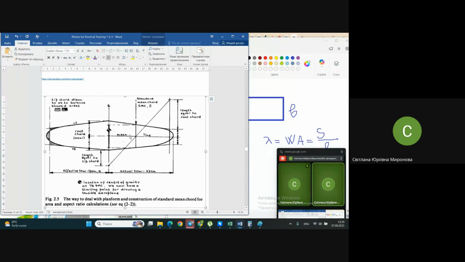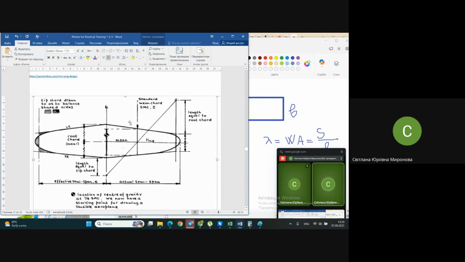Look, it's the so-called mean chord, or mean geometrical chord in some other literature. In our literature, it's called the average chord. In direct translation, it would be the average arithmetic chord. And in English literature, it's usually called the mean chord. How may it be calculated? Either you calculate it knowing the wing area and wing span, with formulas you have seen at the top.